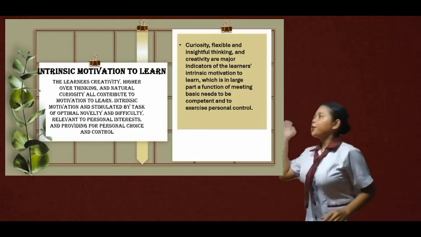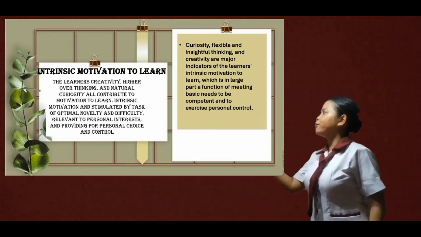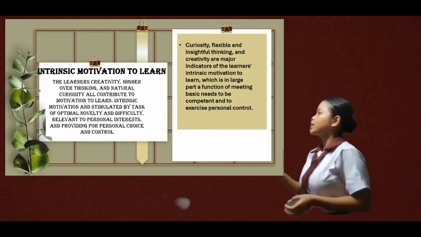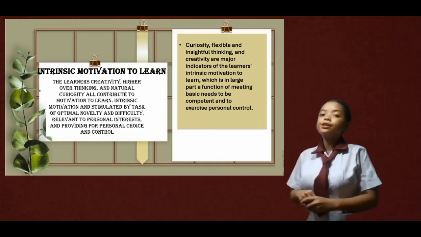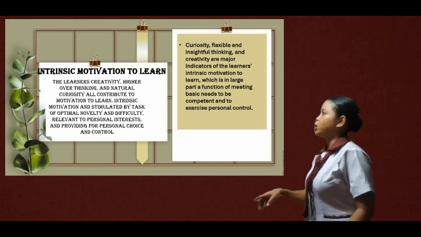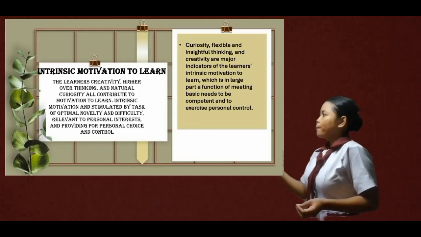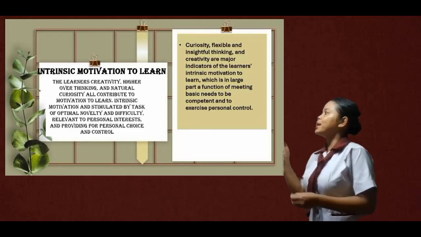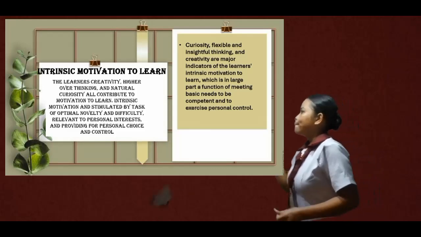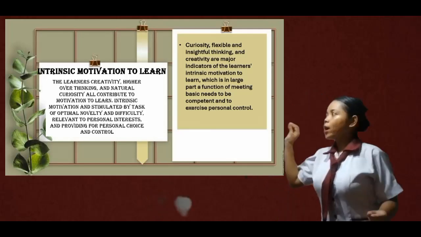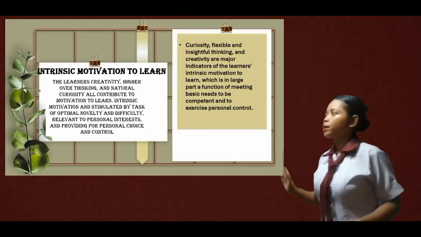Curiosity, flexible and insightful thinking, and creativity are major indicators of the learner's intrinsic motivation to learn, which is in large part a function of meeting basic needs to be competent and to exercise personal control.